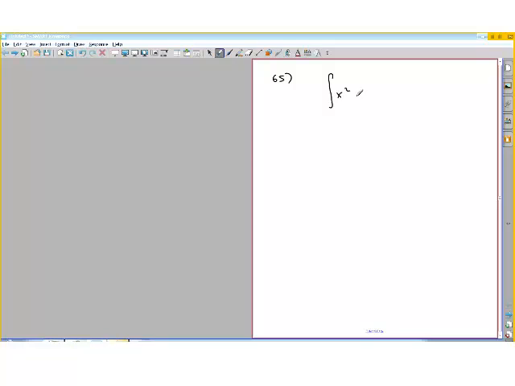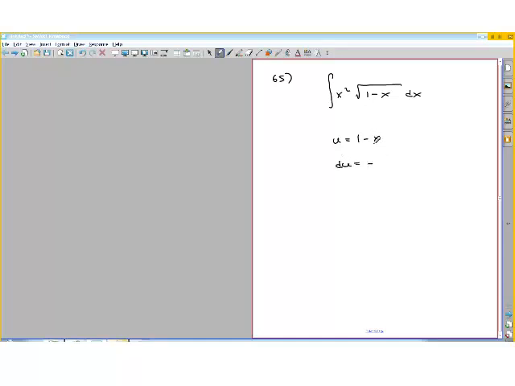In this case, 65, we have x squared times the square root of 1 minus x dx. You might think, oh, this is u because it's under the square root, but if you take the derivative of that, you don't get x squared. So what we do is we let u still equal what's in the parentheses, and du is found the same way.